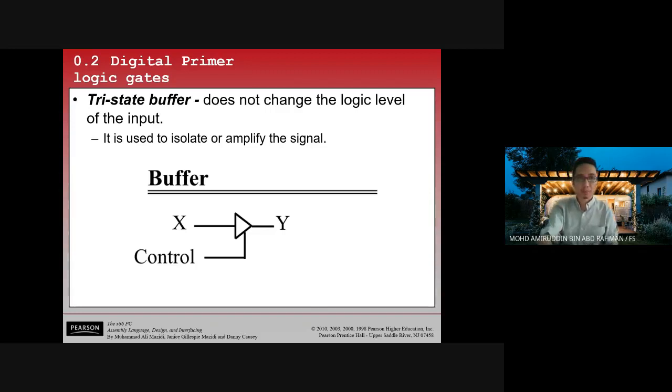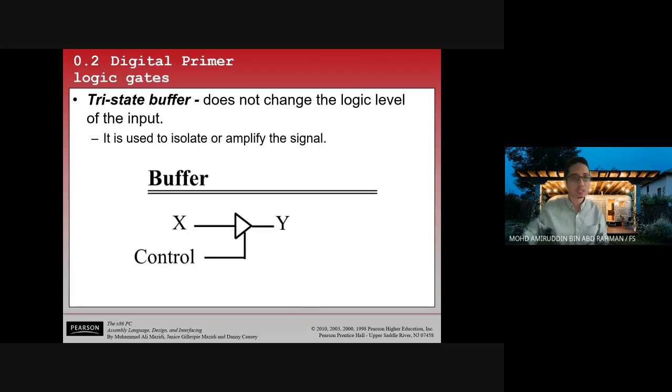You also have the buffer. Over here, let's say we have a tri-state buffer. The buffer does not change the logic level of the input. It is used to isolate or to amplify the signal.